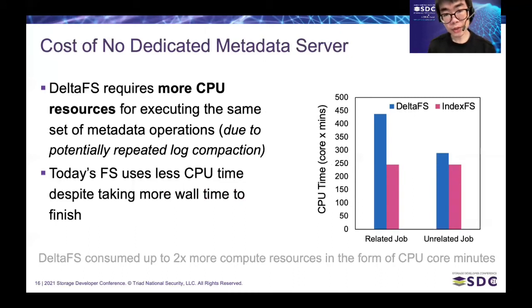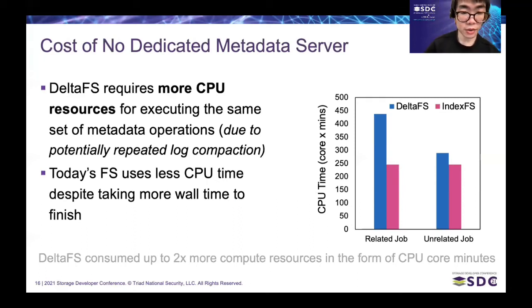The true cost of no dedicated metadata server and no global namespace is actually that DeltaFS requires more compute resources to execute the same metadata operations. This is because in DeltaFS, there's no dedicated metadata server, so the clients need to do everything.